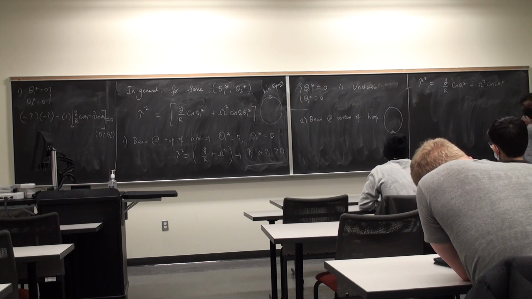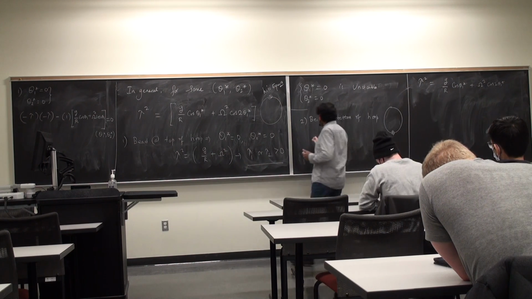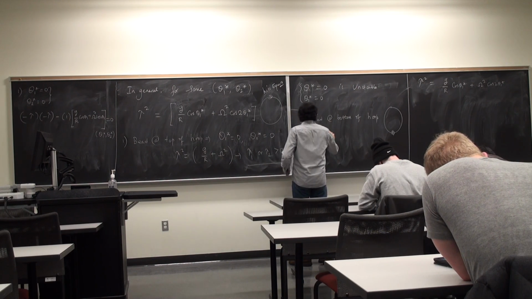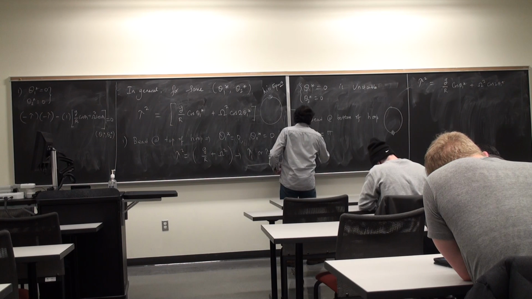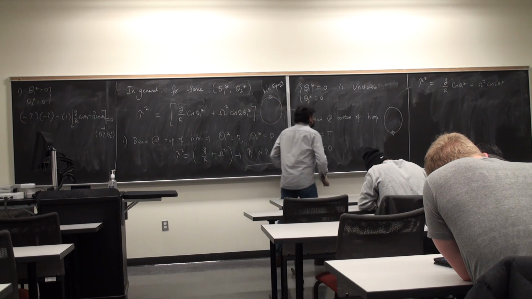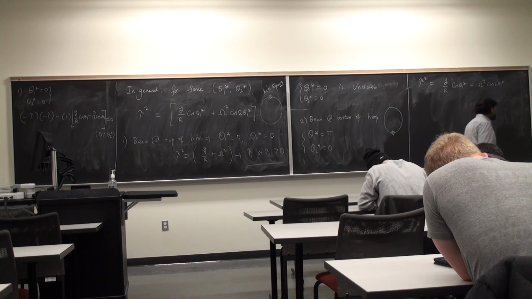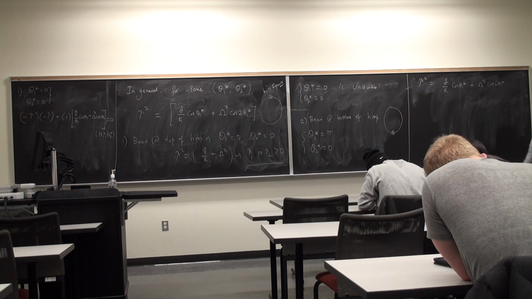So when the bead is at the bottom of the hoop, theta 1 star is pi. Theta 2 star is 0. So cosine of theta 1 star, which means cosine of pi, is minus 1. Right? So this is minus g by r.